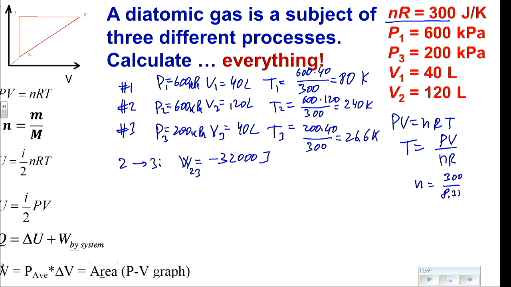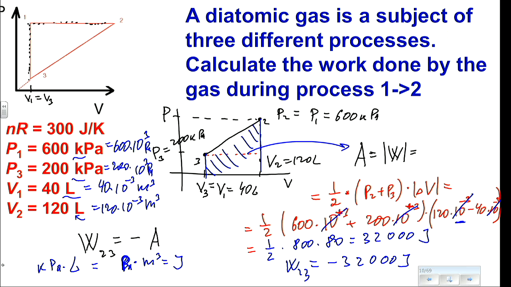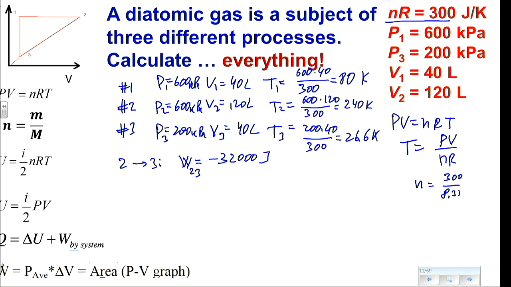I'll go to that. So, that will be 0. No, for 1 to 2, it will not be 0. 1, 3 is 0. I just want to calculate everything, including that.